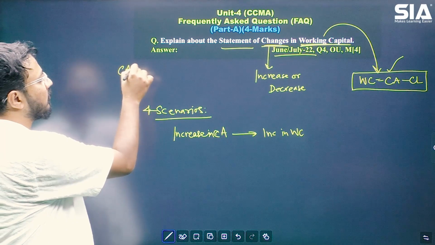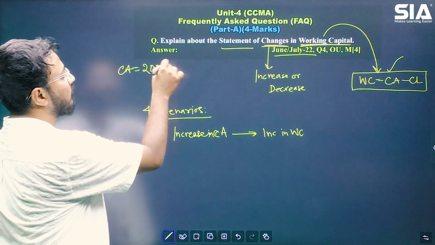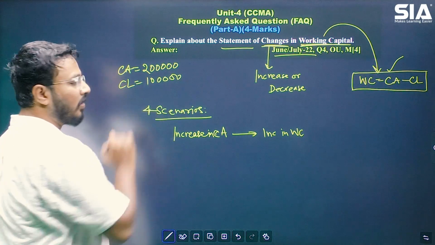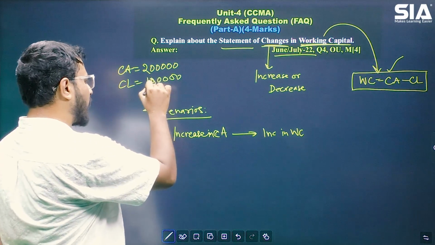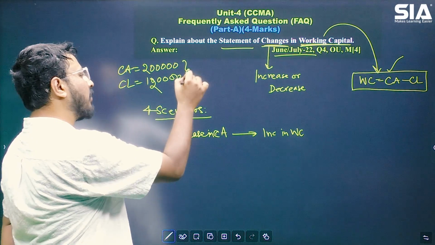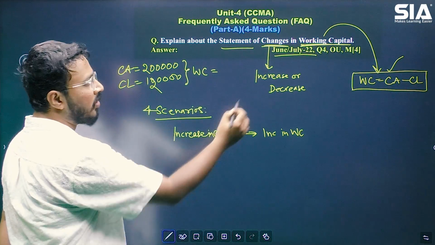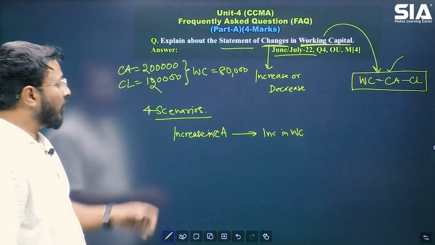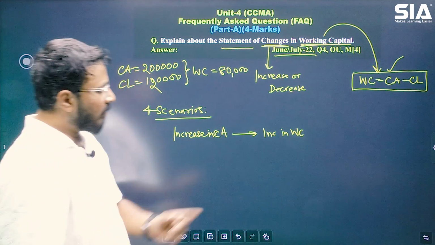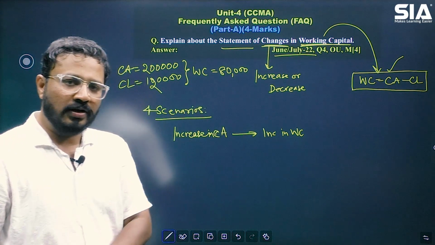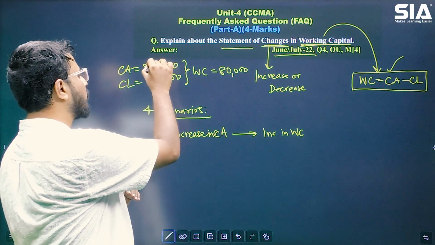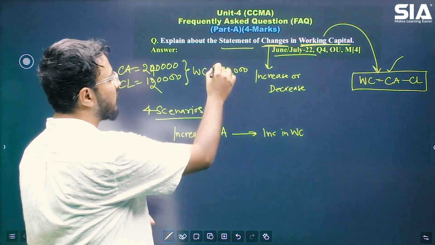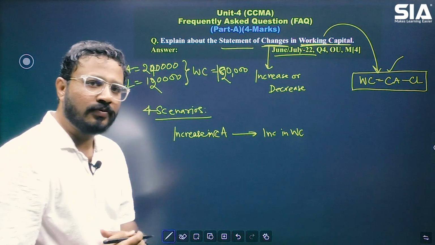Current assets हम 2 लाख लेंगे, current liabilities 1 लाख 20,000 लेंगे. तो what is happening to working capital? फॉर्मूला के हिसाब से it is 80,000. When you increase the current assets, आपका आंसर working capital also will increase. For example, आपने इसको 2,40,000 कर दिया current assets को. Your answer will change to 1,20,000 here.